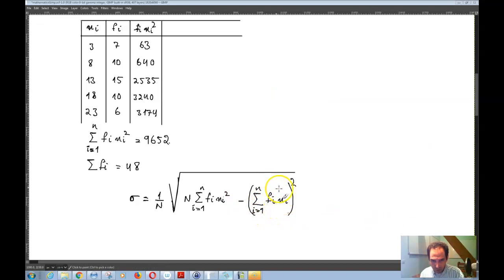Now the only thing that we need is f of i times x of i.